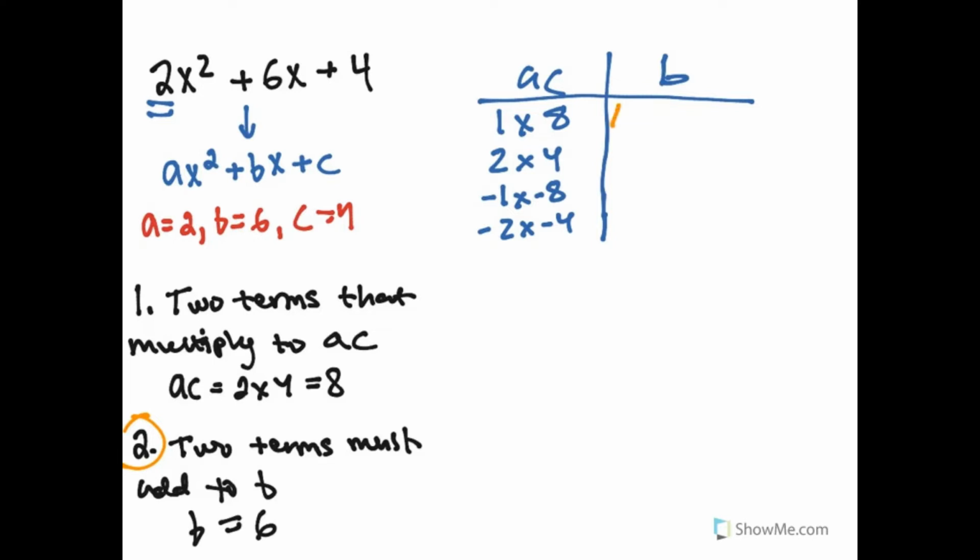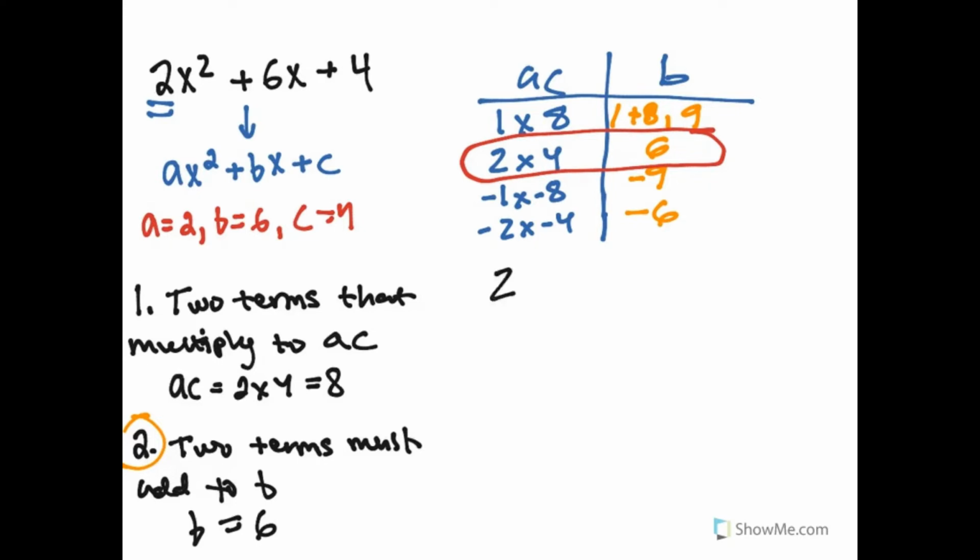So let's add our two factors together. 1 plus 8 is 9. 2 plus 4 is 6. Negative 1 plus negative 8 is negative 9. Negative 2 plus negative 4 is negative 6. Okay, so we can look at our table and say, 2 and 4 meet rules number 1 and 2. 2 times 4 is 8, and 2 plus 4 is 6. Great, so we found our two factors.